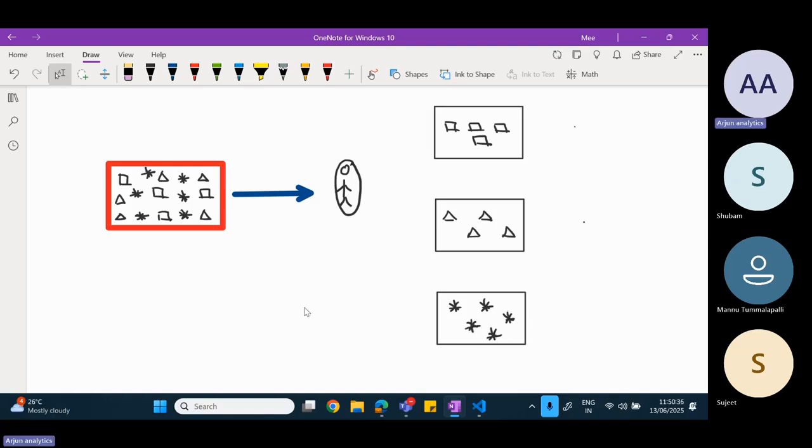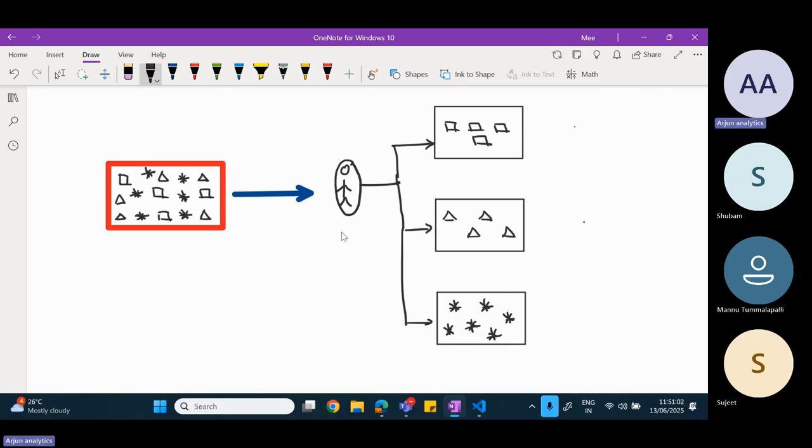Now try to understand this. We are segregating them into different shapes based on their common features. They don't have names. There won't be any names at all. We are going to segregate them into different clusters.